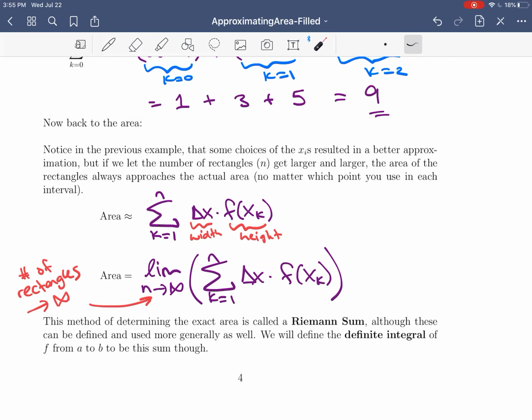So what I want you to take from this is just that we can use rectangles to approximate the area. You need to know how to do this using a given number of rectangles. And then we're going to use this idea to talk about the definite integral and how that relates to areas under a curve.